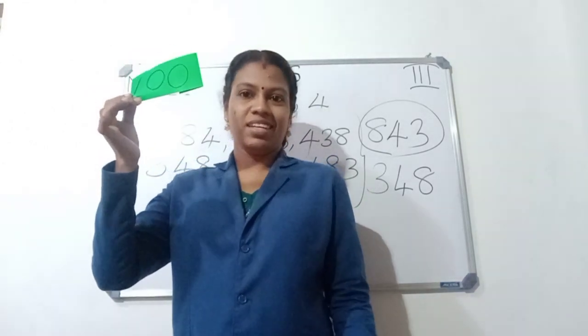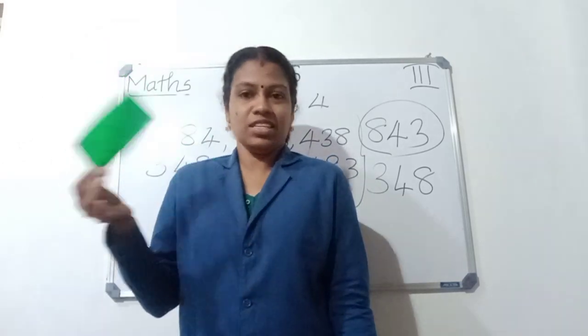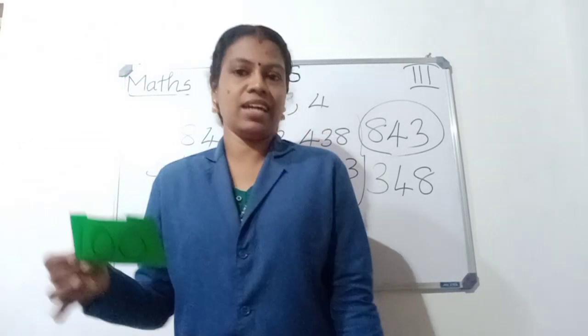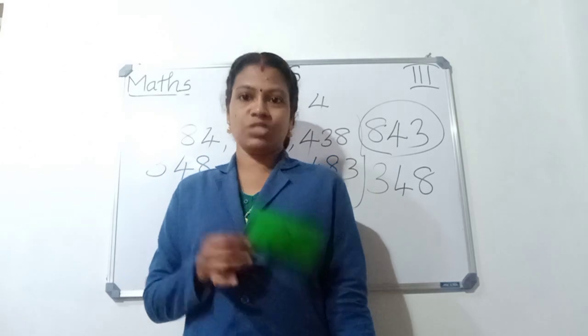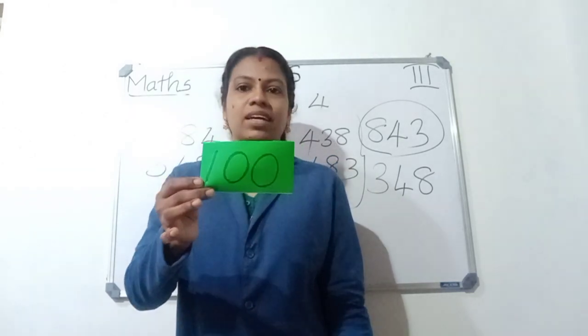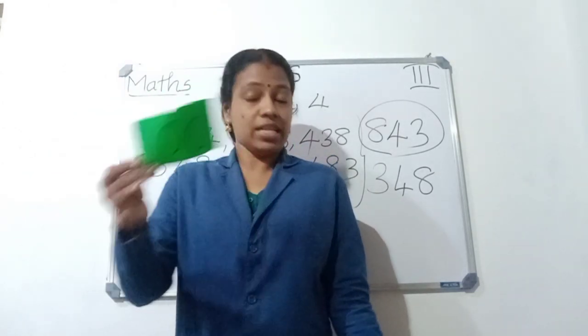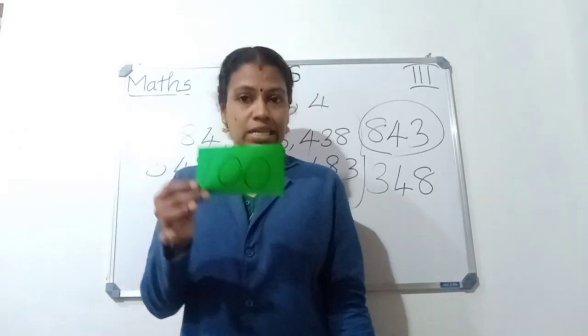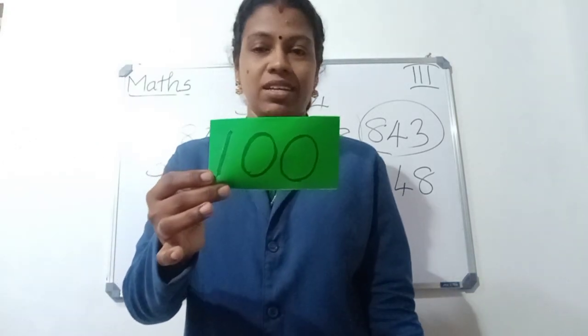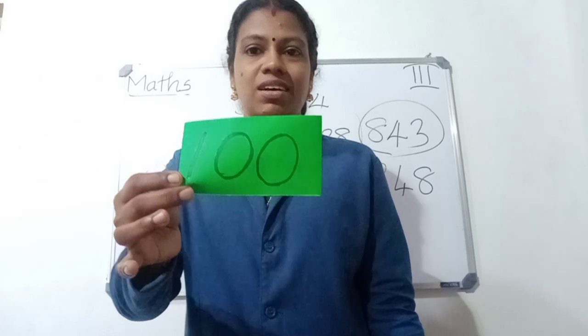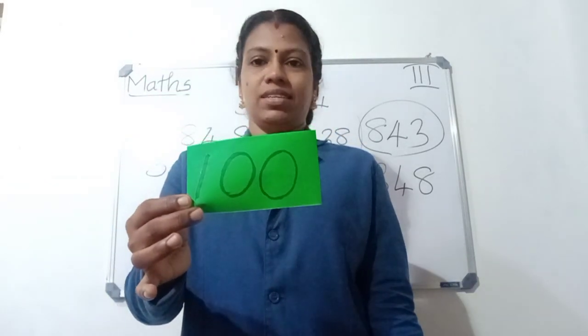In scoring of cricket, 100 runs make a century. So 100 is another name, another term. We call it as century. So 100 is a century.